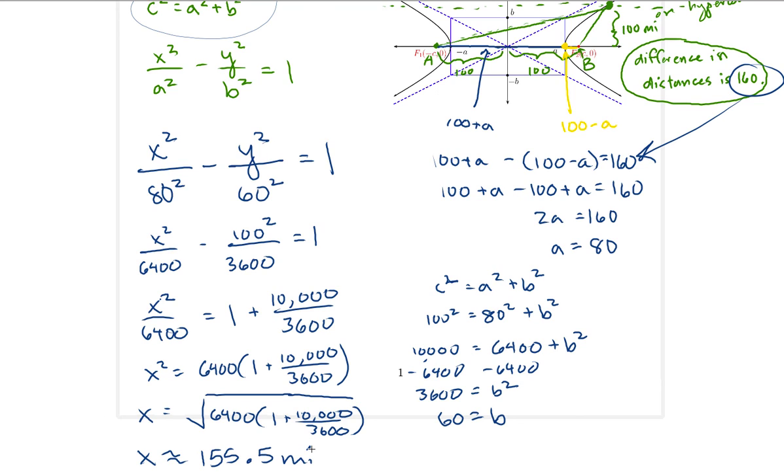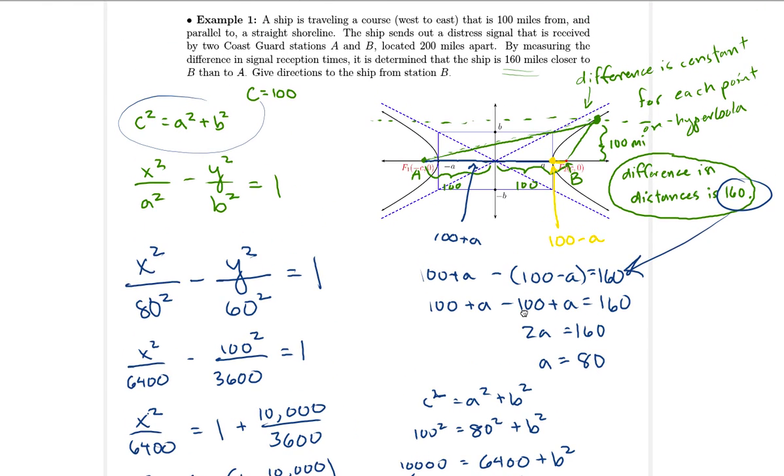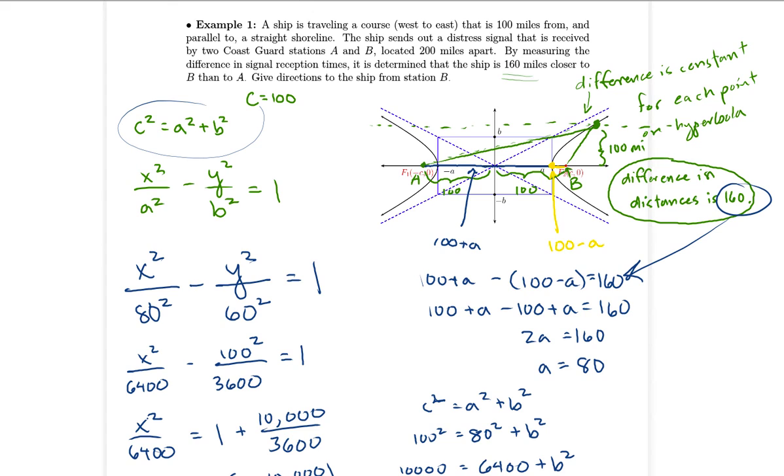So what that means is that if I want to go from B to where the distress signal was given, which is right here, I just need to go over here and up there, right? So what is that going to be?